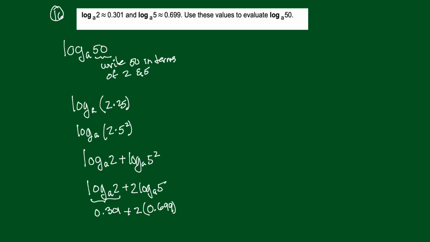So on my calculator, I am getting this to be 1.699. So if I've done things correctly here, I'm going to conclude now that the log base a of 50 is 1.699.